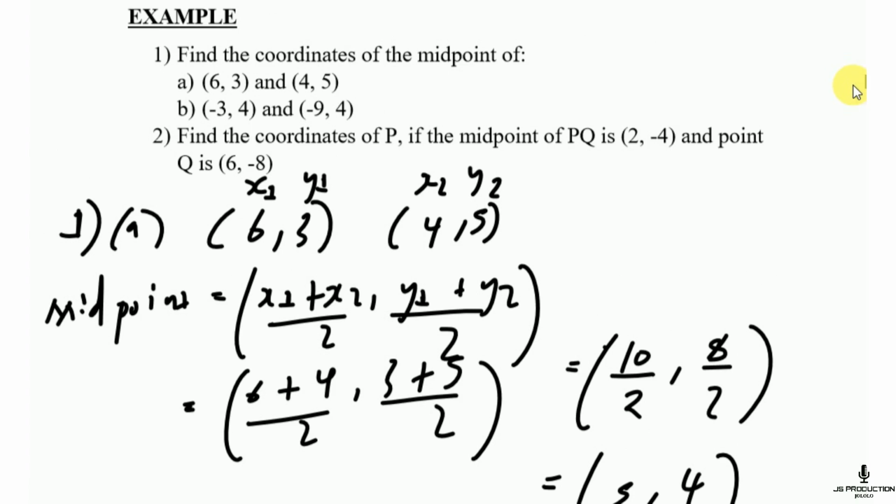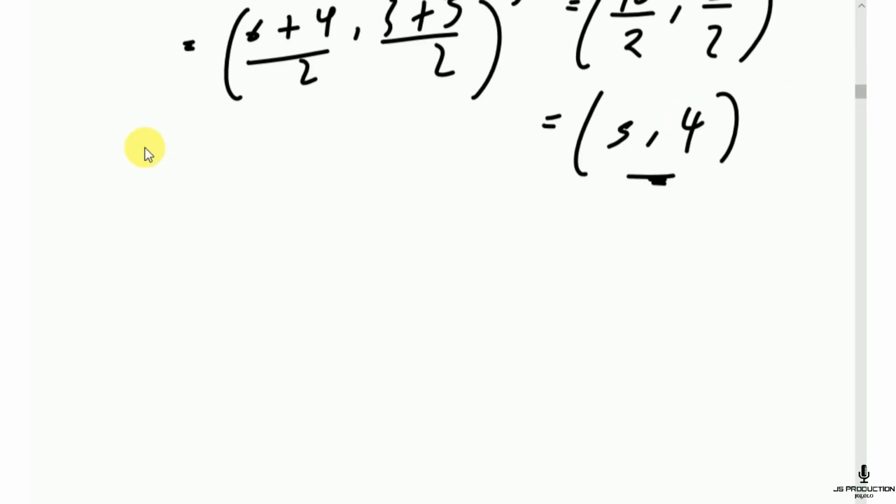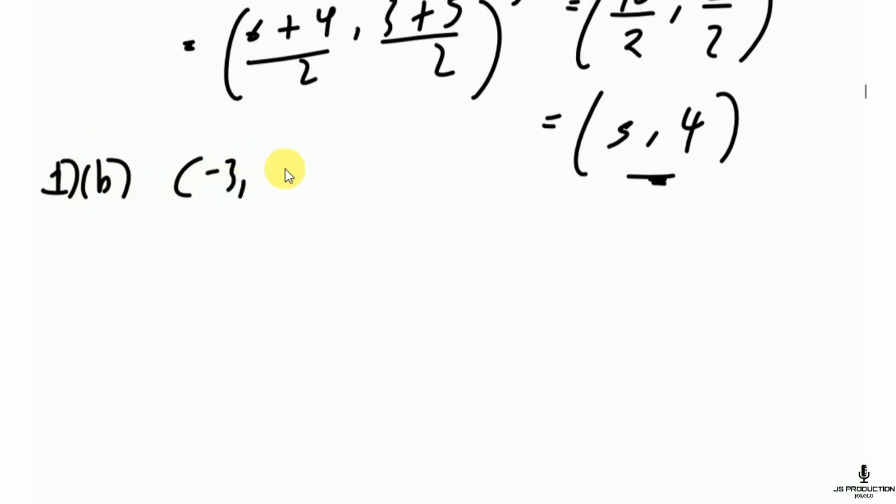In 1b there we have (negative 3, 4) and (negative 9, 4). So the first step is to write down your x1 and your y1.